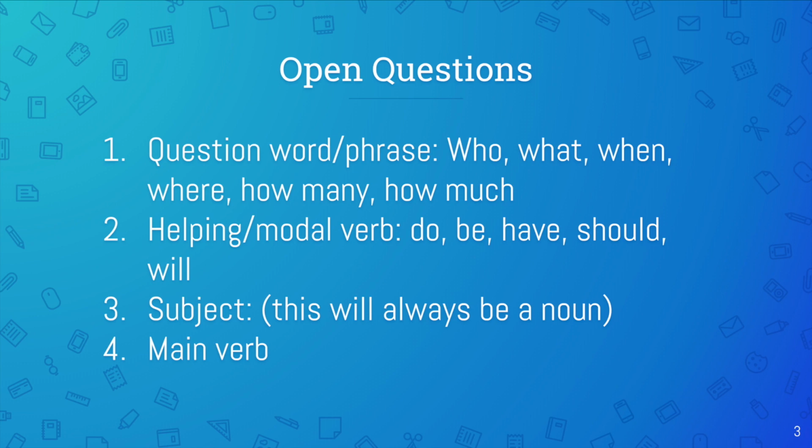After that, you want a helping or a modal verb, like do, be, have, should, or will. Then you'll have your subject, and this will always be a noun, and then your main verb. This can be any verb. It depends on the sentence. After that, you can have more words, but it's important that you always start your question with these four things.